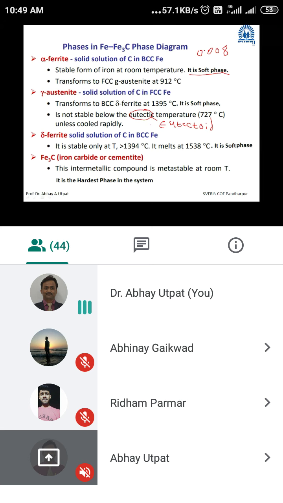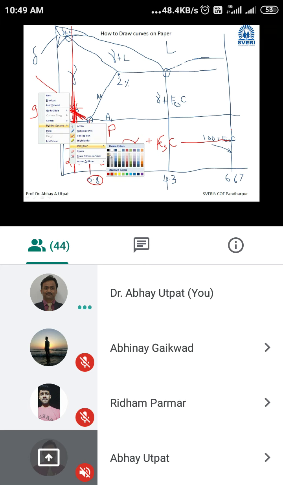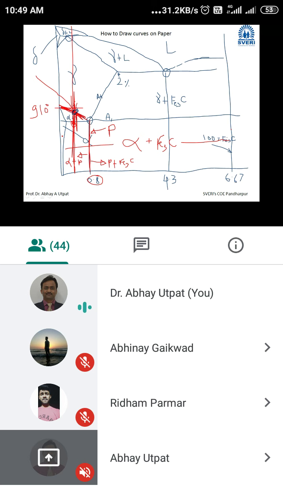If your percentage of carbon is 0.4, for example, here I have taken this point. Suppose this is 0.4% carbon. At this point, your remaining alpha will convert into austenite.